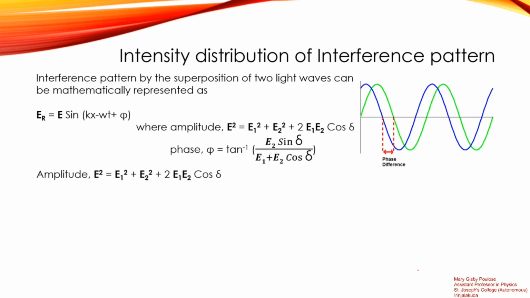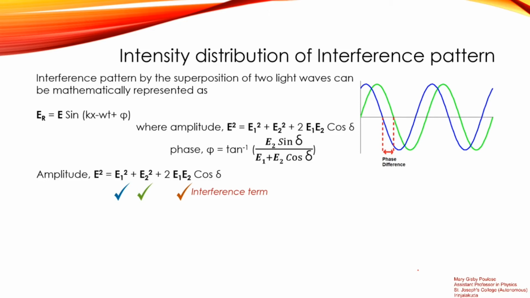In the expression for amplitude, the first term represents the instantaneous amplitude of the first wave, the second term represents the instantaneous amplitude of the second wave, and it is the third term that represents the interference term.